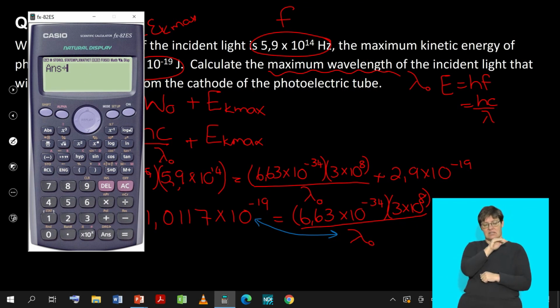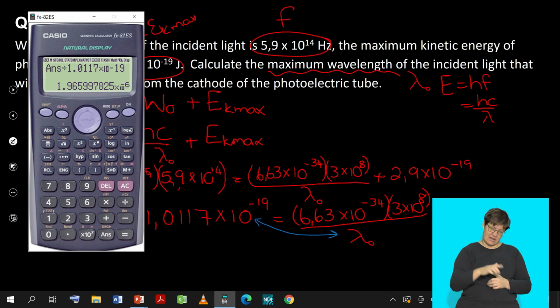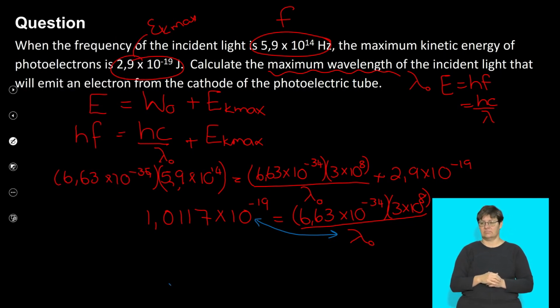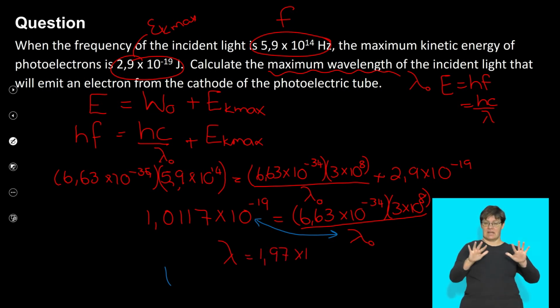I'm now going to take that, divide by 1,0117 times 10 to the minus 19. And I get, we'll round that off to 2 decimal places, 1,97 times 10 to the minus 6 meters.